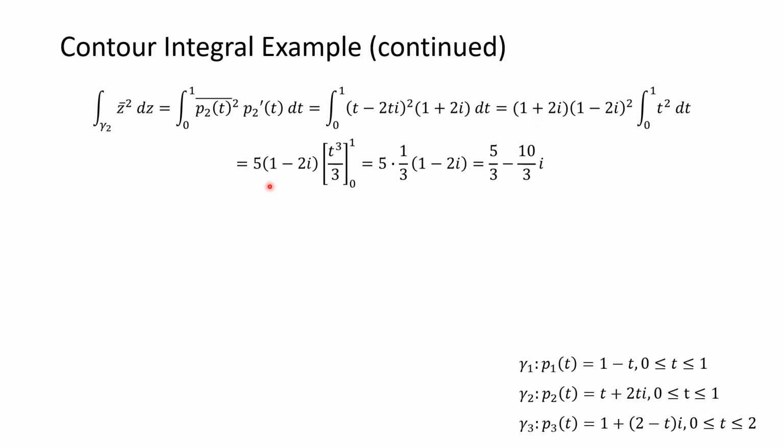When you multiply this out, you get 5 times 1 minus 2i. Then you evaluate it at 1, which gives you 1/3. And then, of course, when this is evaluated at 0, you just get 0. So it's just 1/3 times this number. And we can write that out as 5/3 minus 10 over 3i.